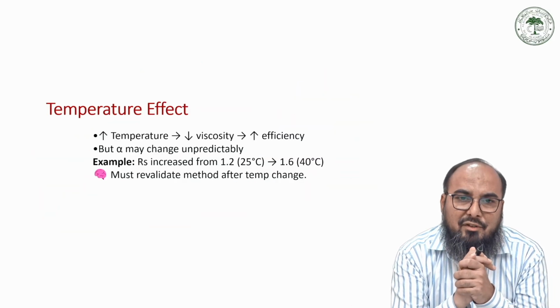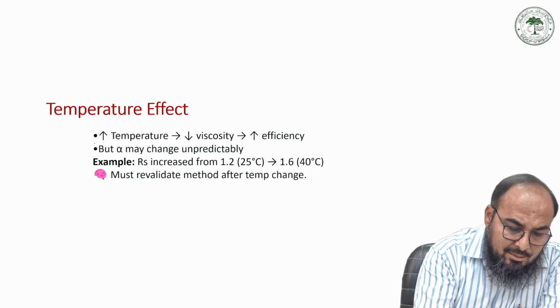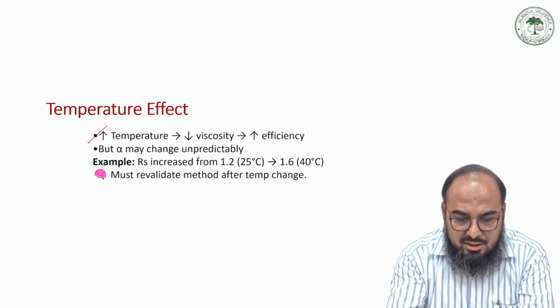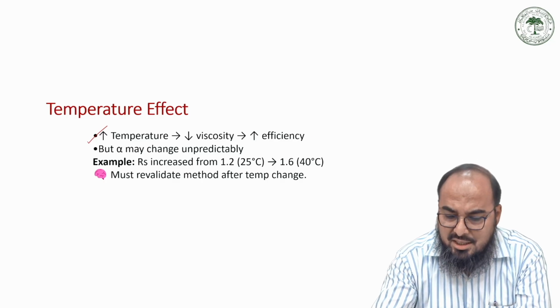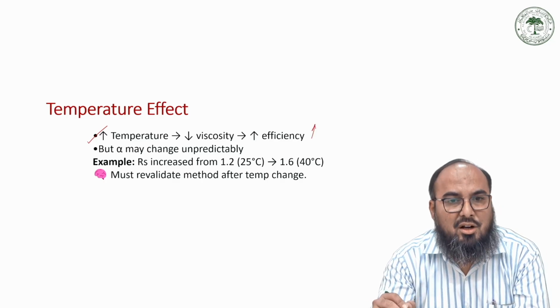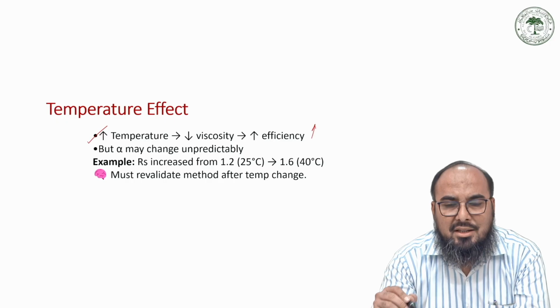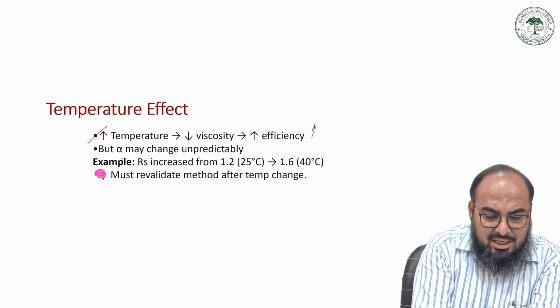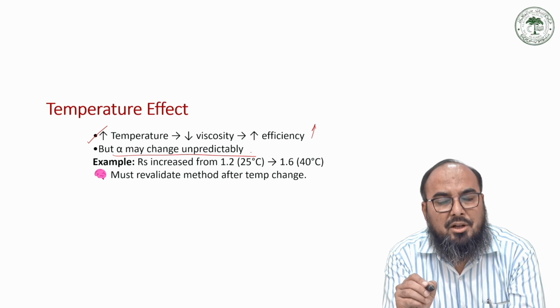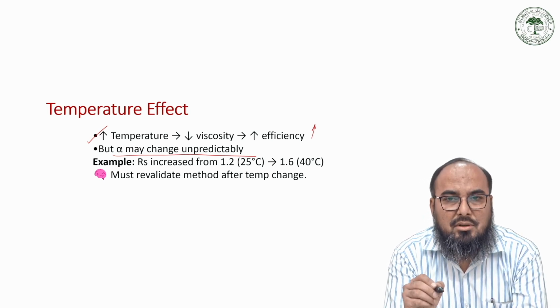It's a very important effect. The moment you increase the temperature of any system, the viscosity decreases, and the moment viscosity decreases, it increases the efficiency of your column. But there is an issue that sometimes your selectivity factor changes unpredictably, and you cannot predict it. That is the most important issue.